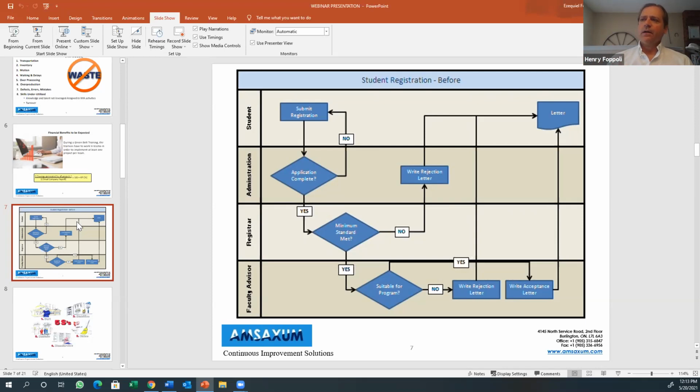In this tool, you can identify redundancies because you have a visual representation of your process. When you don't have one, you may be doing the same thing 2 or 3 times, or even 4 times, without realizing it.